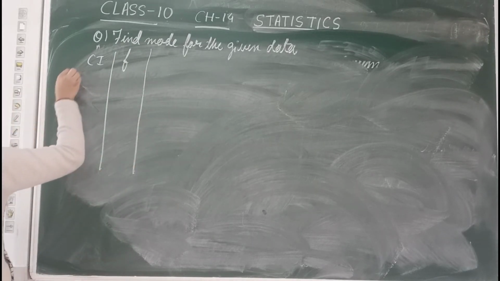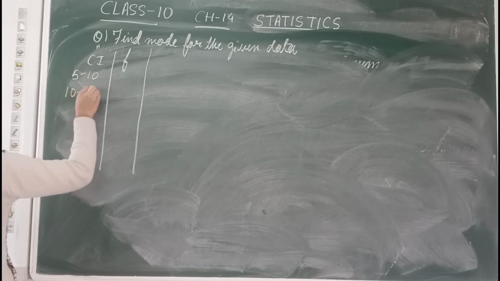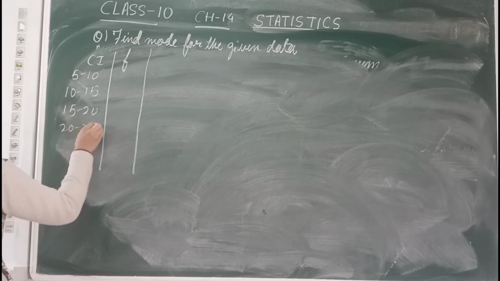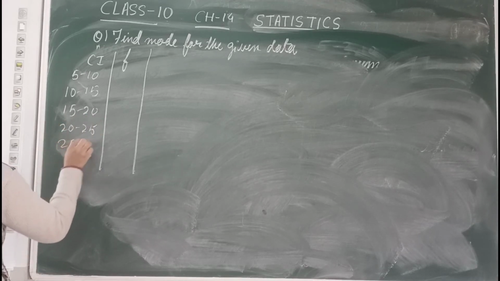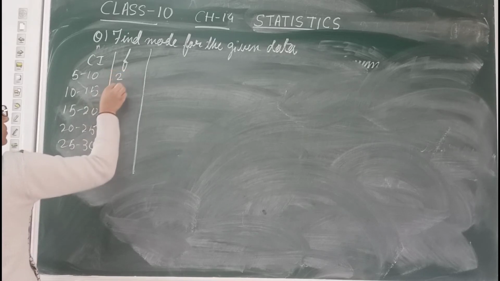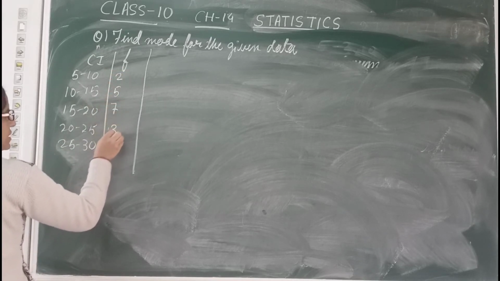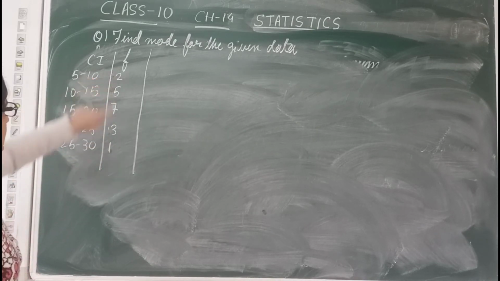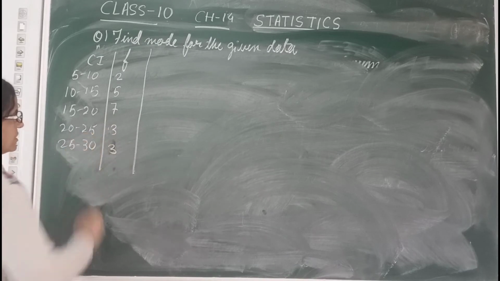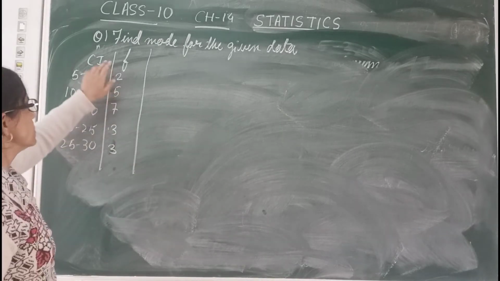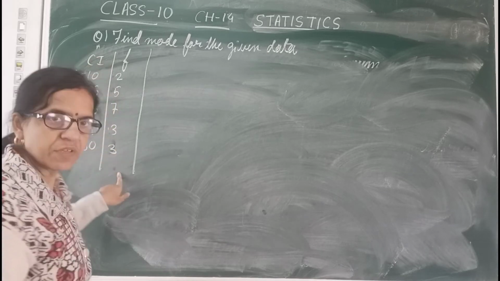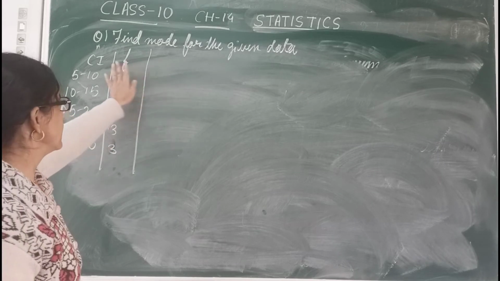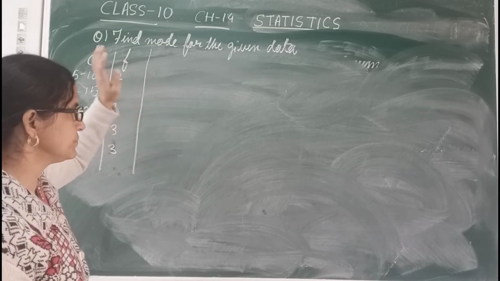Class intervals: 5 to 10, 10 to 15, 15 to 20, 20 to 25, 25 to 30. Frequencies: 2, 5, 7, 3, 1. The sum is 30. Class interval and frequency will be given in the question. Now we have to find the mode for the given grouped frequency distribution.